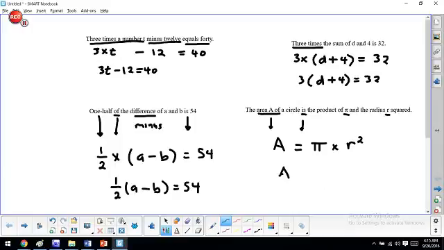So it should look like this: A is equal to pi r squared.